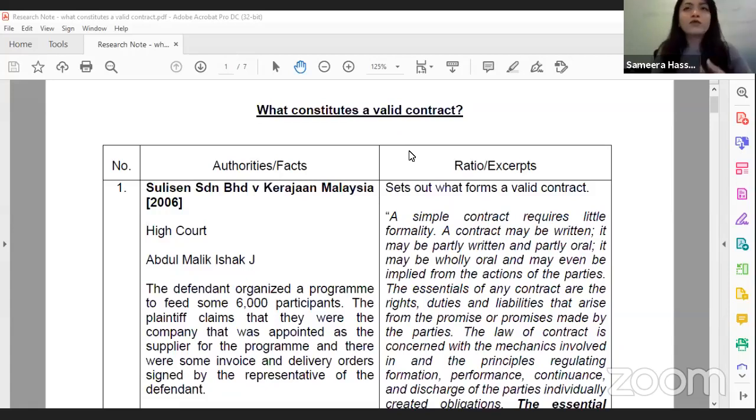I'm not saying there wouldn't be instances where you would have to identify an offer and acceptance. For example, there are disputes where they challenge the validity of the contract. But even that, we do not focus on what is the offer or what is the acceptance.